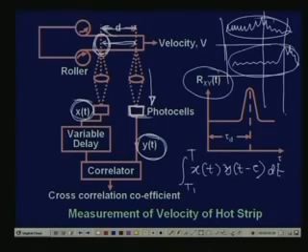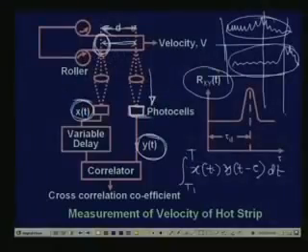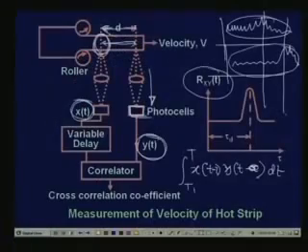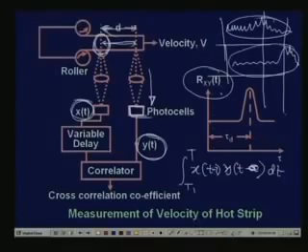So we time shift x, and keep y(t). We time shift x and then we multiply it with y and then integrate. It can be shown that this correlation function, this is actually a function of tau, or Rxy(tau).